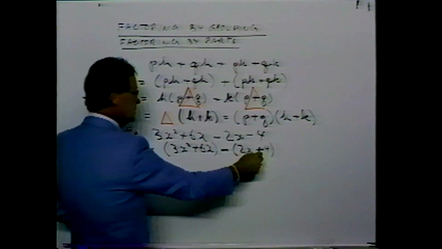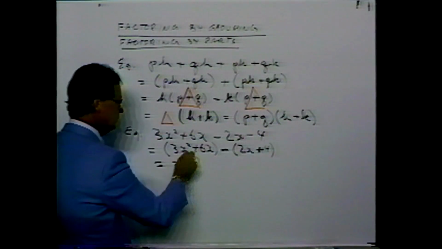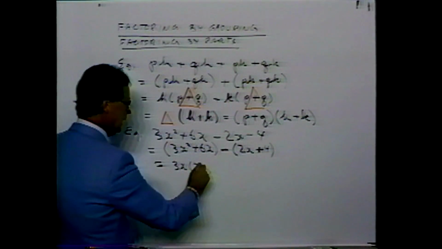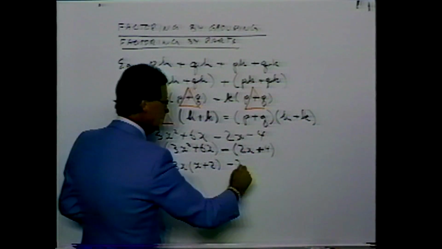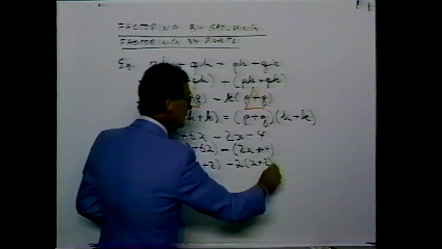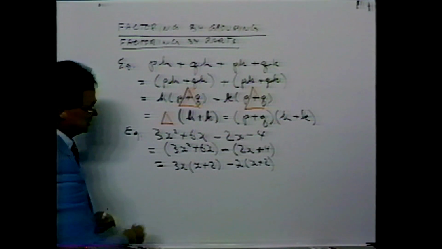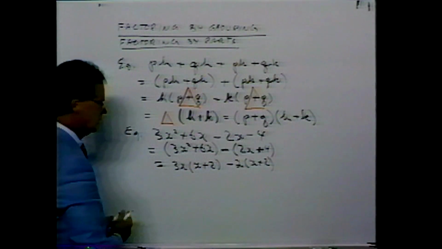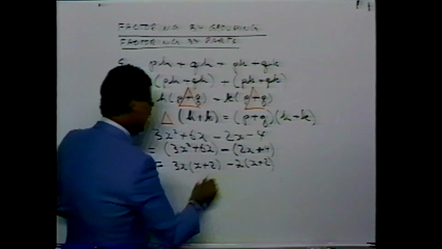Each of these parts has common factors. Namely, if I take 3x out of there, I end up with x plus 2, and if I take 2 out of there, I end up with x plus 2 again. Notice that this line, with its parts identified, will show that x plus 2 is a common factor in both terms.